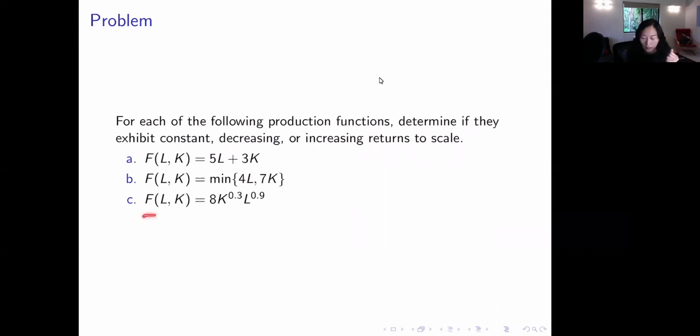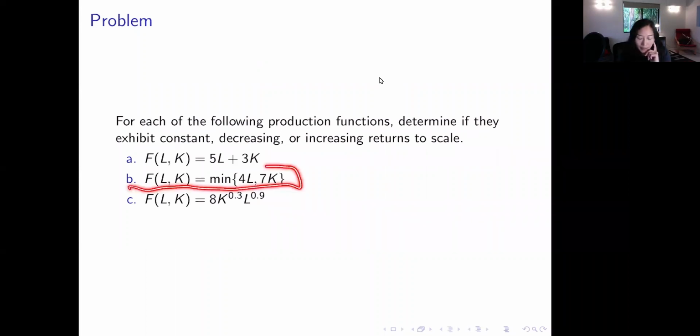And then the third one is just the Cobb-Douglas production function. So again, I give you 5 minutes to work with A, B, C, and then you check later how it works. How were you able to get to the final answer and the final conclusion? Derive your own work.